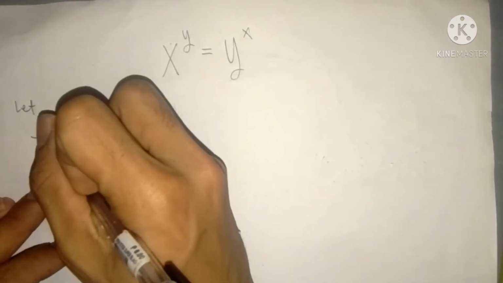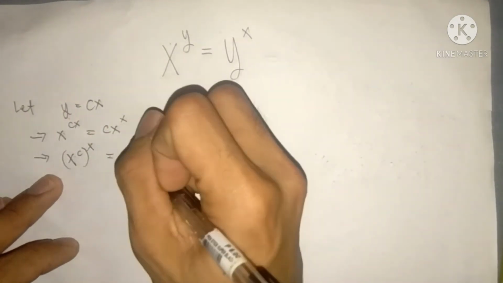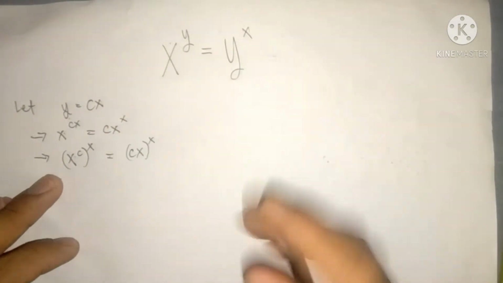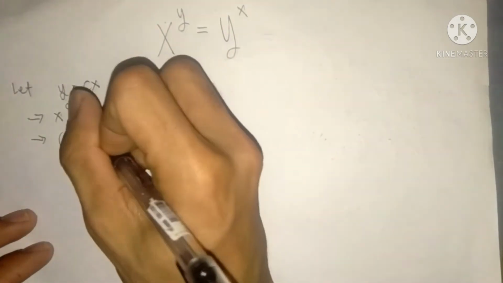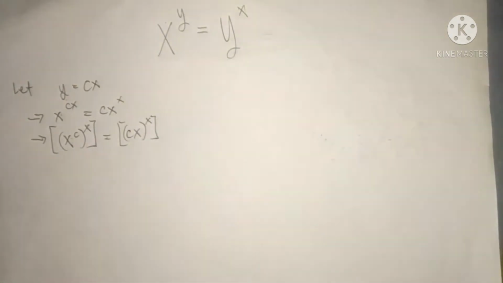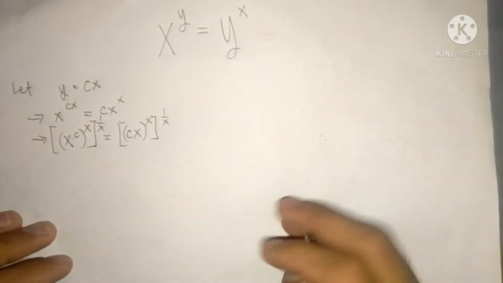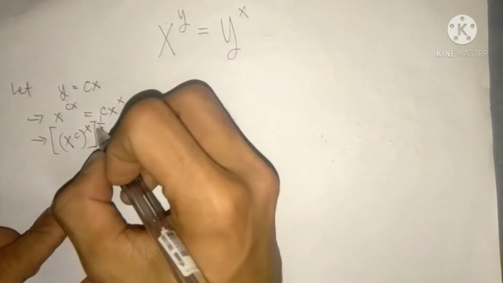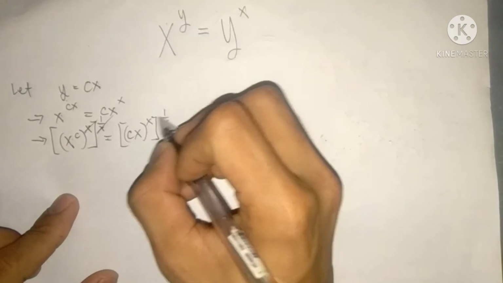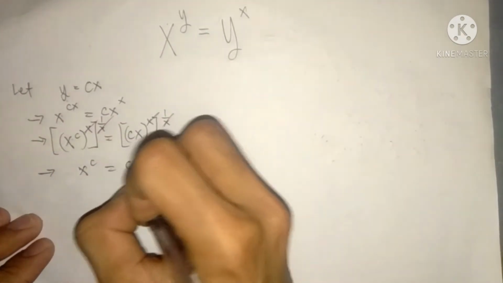Pwede natin ayusin ang equation na x raised to c, all raised to x, is equal to cx raised to x. Ngayon, ang sunod natin gagawin, i-multiply sila both side by yung exponent, i-multiply natin sa reciprocal ng x, which is 1 over x. So, in that case, pwede natin i-divide out yung x and 1 over x, leaving behind x raised to c is equal to cx.